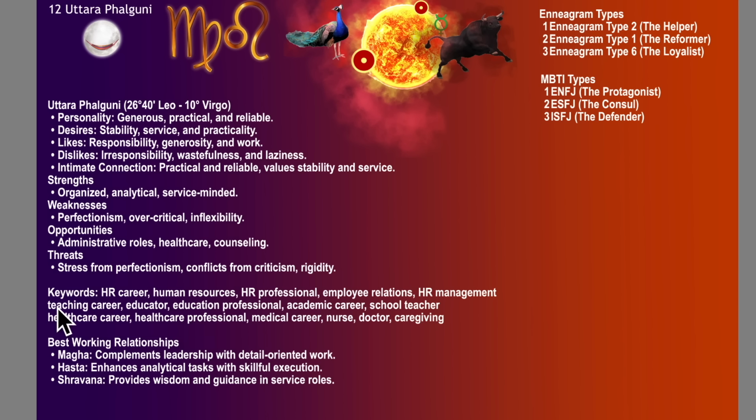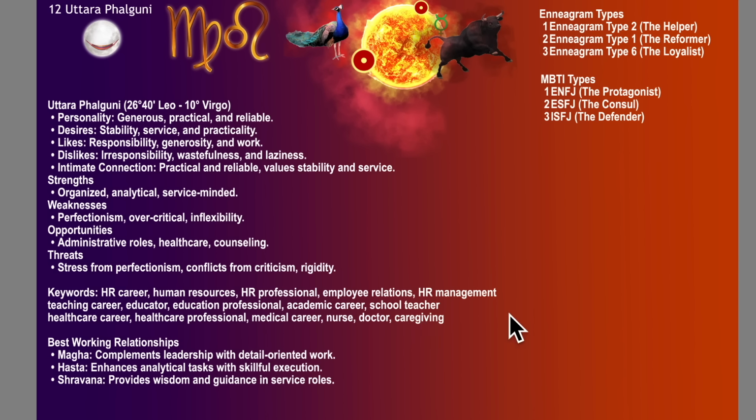Other keywords being teaching career, educator, education professional, academic career, school teacher, or even lecturers, professors in a college or in a university. University career, basically academia. Healthcare career, healthcare professional, medical career, nurse, doctor, or caregiving, health caregivers of any kind.